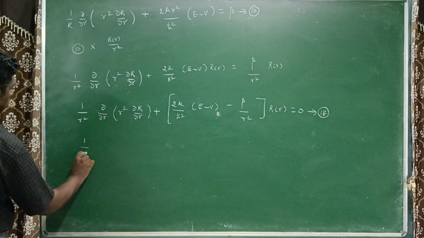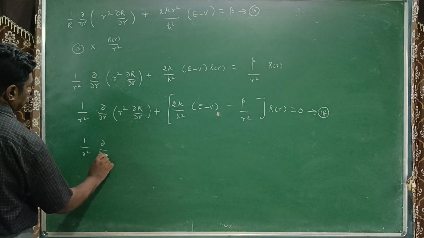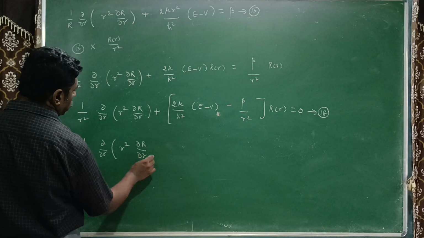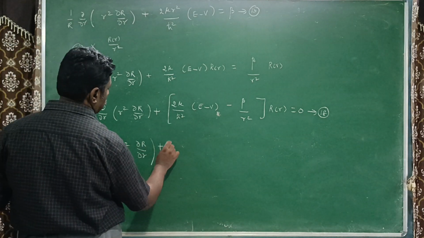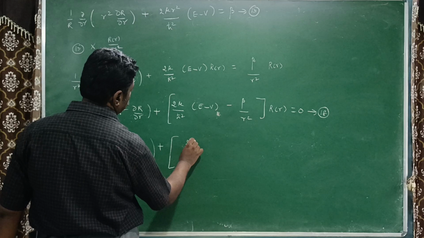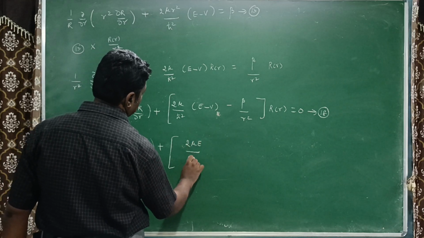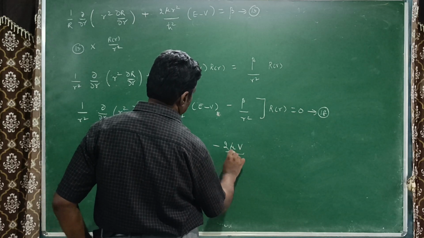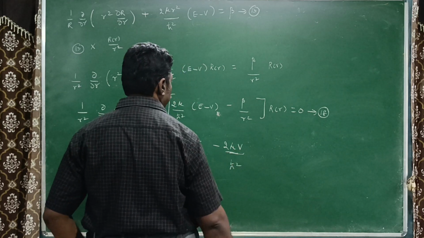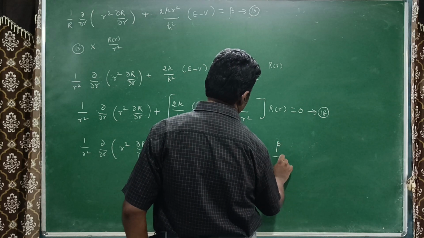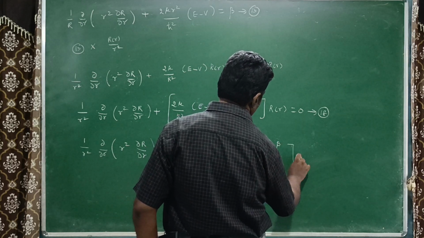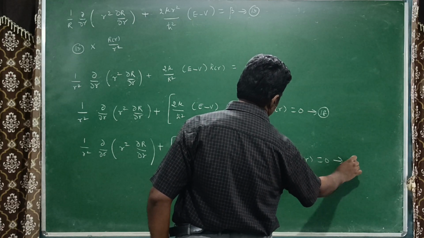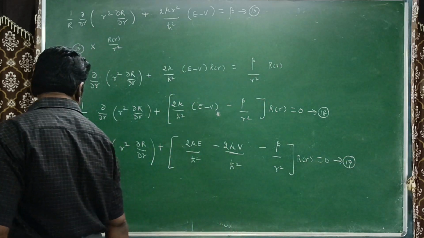This is 1 by r square dou by dou r of r square dou R by dou r, plus 2 mu E by h cross square minus 2 mu V by h cross square minus beta by r square, entire multiplied by R of r, is equal to 0. So this is equation number 19.